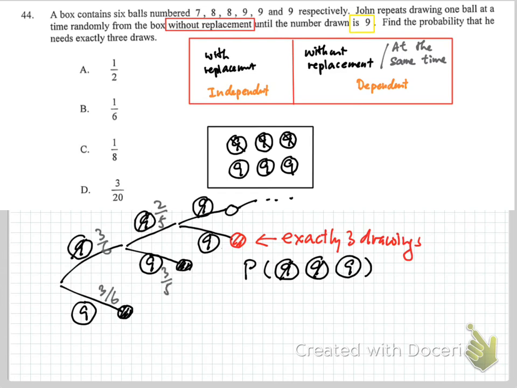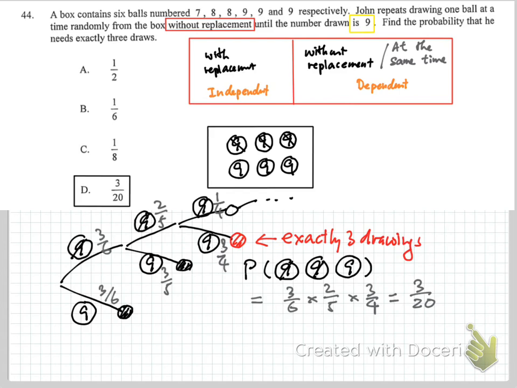And then finally, 2 of the non-9s are gone, so it goes to 1 over 4 and 3 over 4. So after all, it is 3 over 6 times 2 over 5 times 3 over 4. That is the answer, and the answer goes to 3 over 20. So the answer is D.